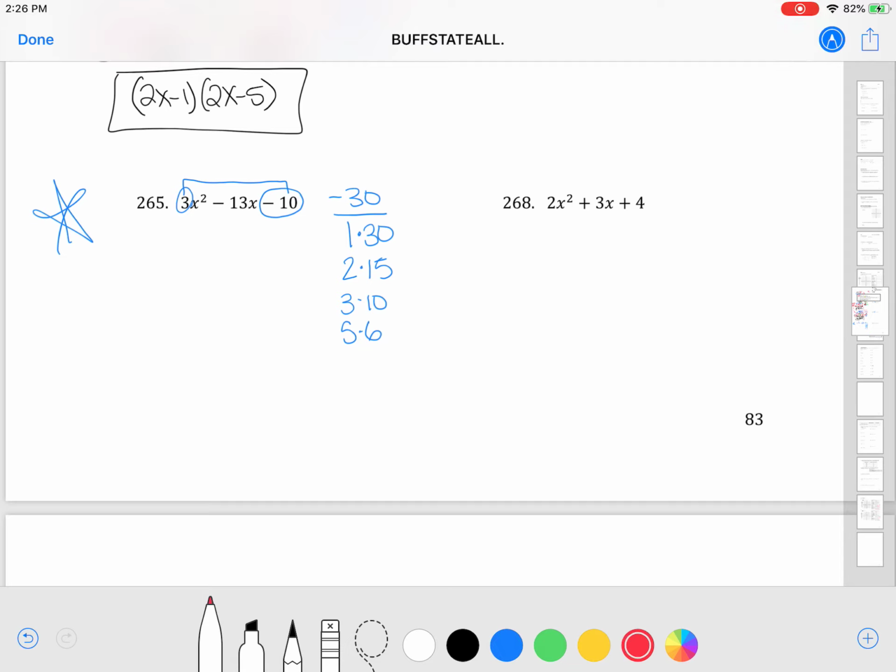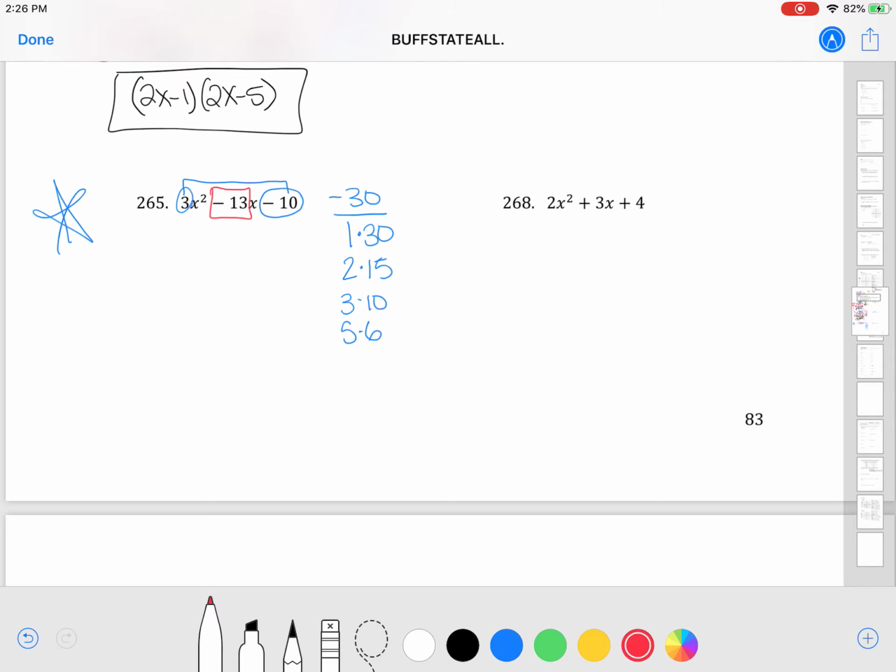Think about the goal. We're trying to multiply to a negative 30, which means the pair that I pick has to have one positive number and one negative number. It doesn't matter the order, but they have to have opposite signs. And we're trying to also pick the pair that adds to this middle number, negative 13.